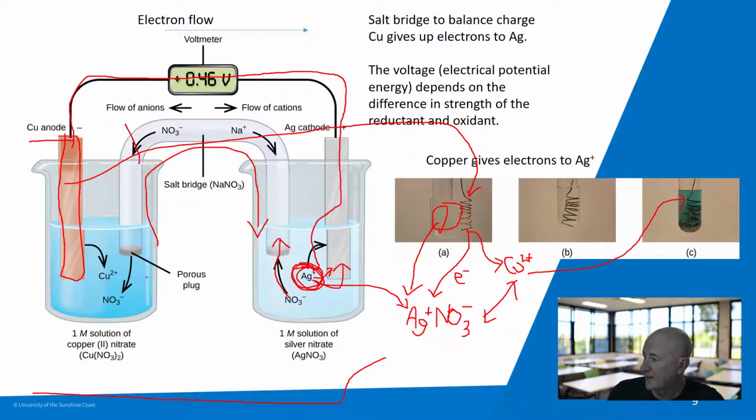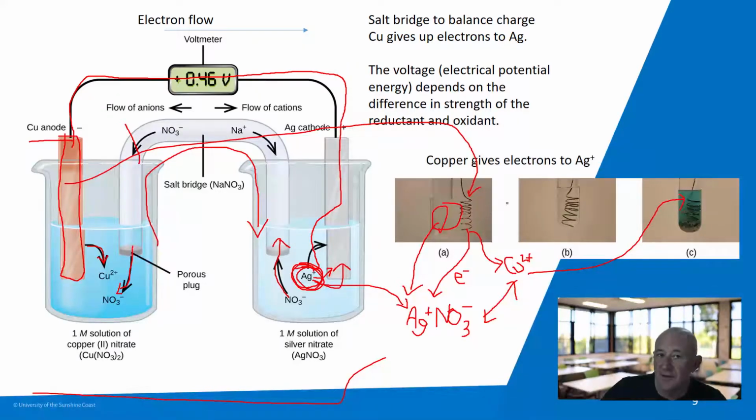So over here, what's happening is as this copper is losing electrons, it's forming Cu2+, it now needs a counter ion, and there it is, NO3 1-. So by having this salt bridge, you allow this flow of counter ions, which then means the system can work correctly, and in a sense it's like splitting the reaction up into two half reactions.